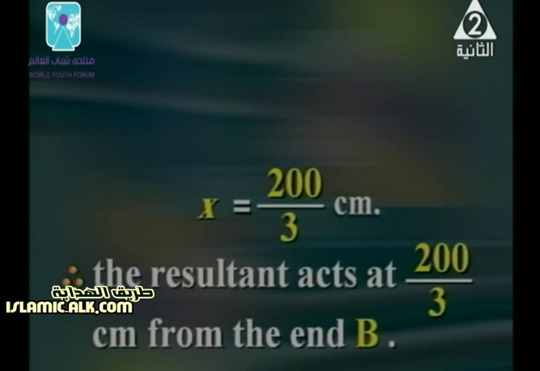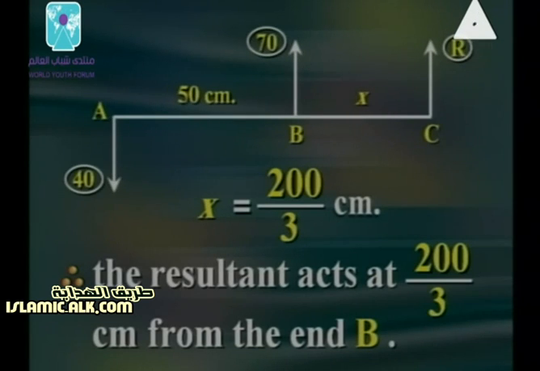The resultant acts at 200 over 3 centimeter from the end B. Look at, if we have two forces 40 and 70 in opposite directions, the resultant R equals 70 minus 40 equals 30. This value of R, 30 Newton, acts at 200 over 3 centimeter from the end B.